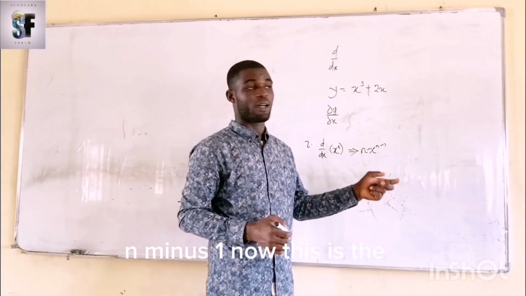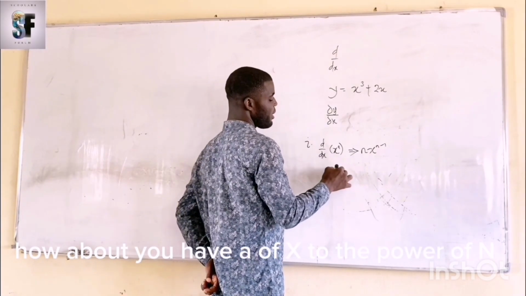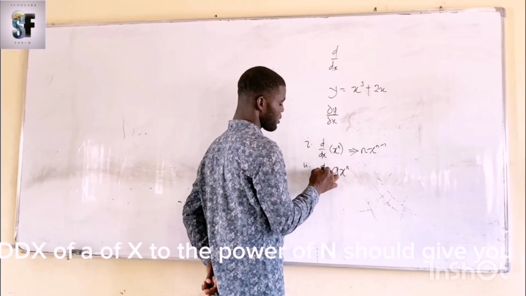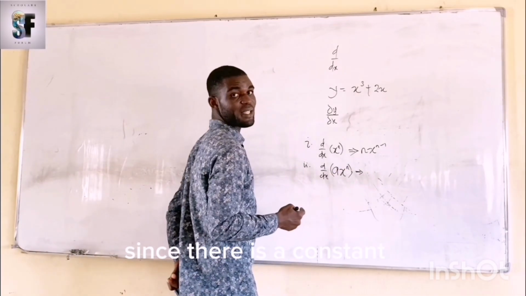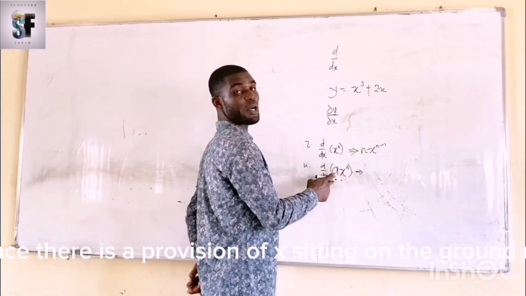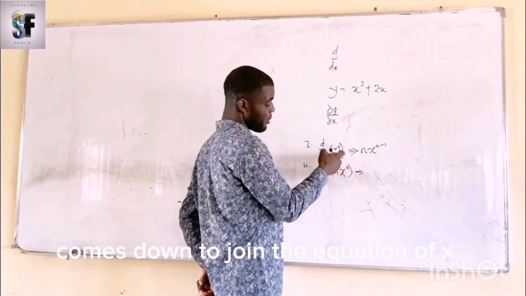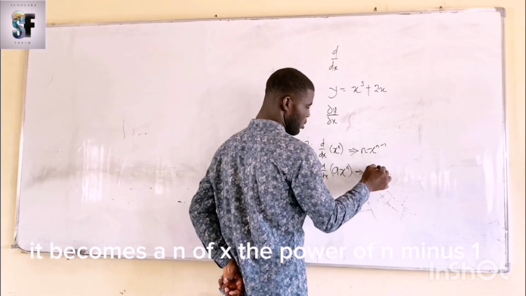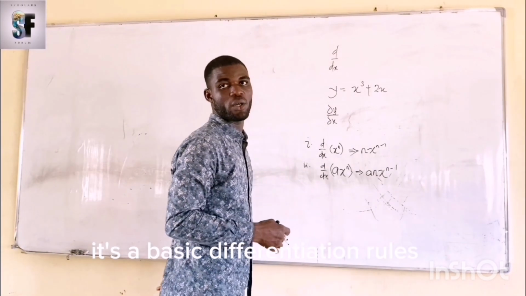Now, how about when you have a times x to the power of n? d/dx of a x to the power of n should give you, since there is a coefficient of x, which is a, when the exponent n comes down to join the coefficient, it becomes a n x to the power of n minus 1. It's a basic differentiation rule.